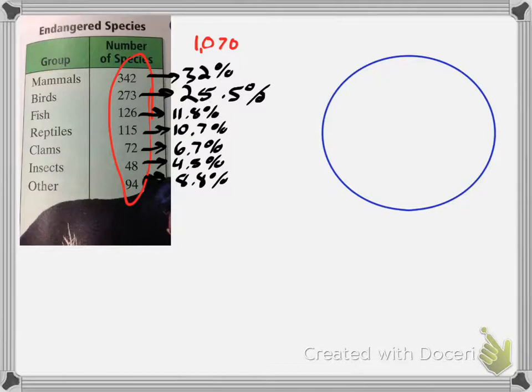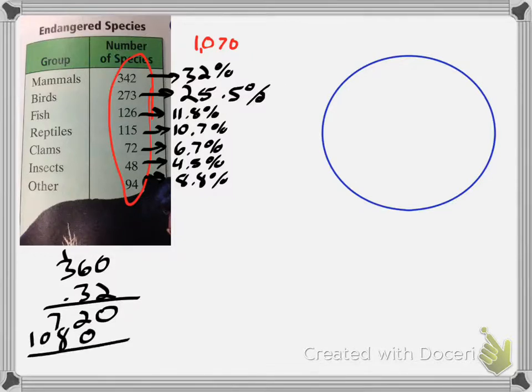32% of 360, or you can just multiply 0.32 times 360. Let me do it really fast, move 2 decimal places, and you get 115.2, or 115 degrees.